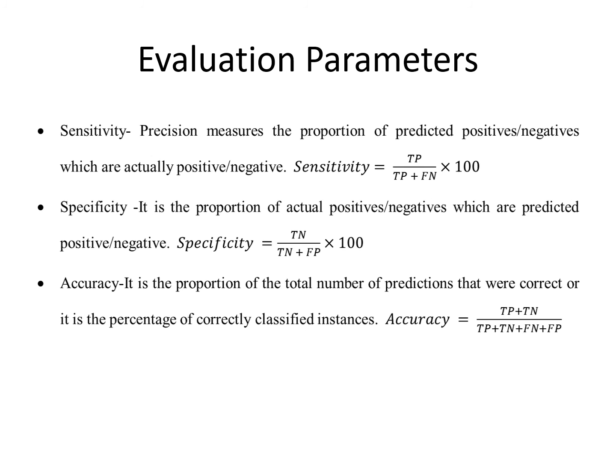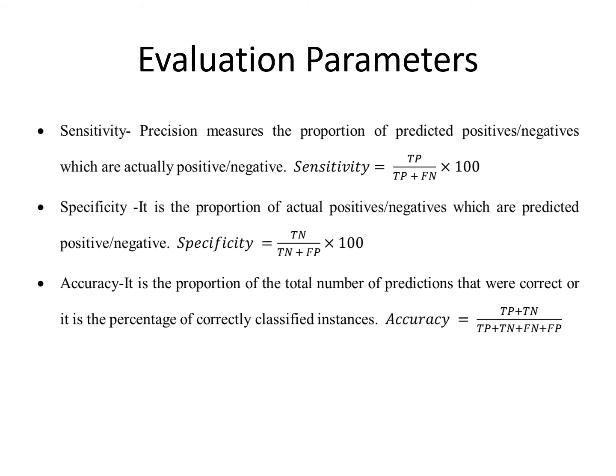Evaluation parameters. So there are three types of evaluation parameters we have taken into consideration in this paper. First is sensitivity. So actually we have constructed a confusion matrix, and the confusion matrix is used to measure the performance of the algorithm. So sensitivity measures the proportion of predicted positives and negatives which are actually positive or negative. We can calculate the sensitivity as true positive upon true positive plus false negative into 100.